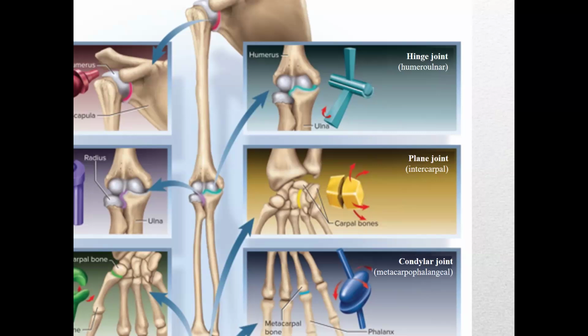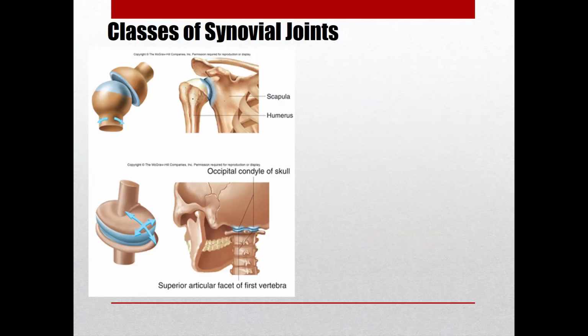These are flat surfaces that just glide across. Which one did you say gliding is? Wrist, ankle, and then the facet joints of the spine. The plane is gliding, same thing. Yes, ma'am. Radius, ulna, C1, C2. I've got other pictures for that.